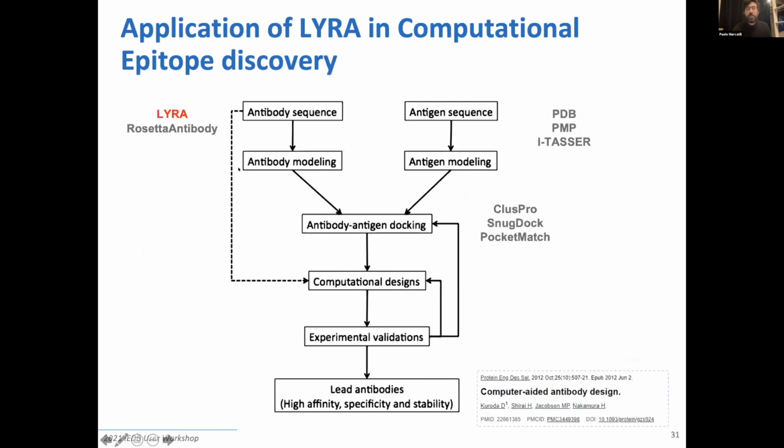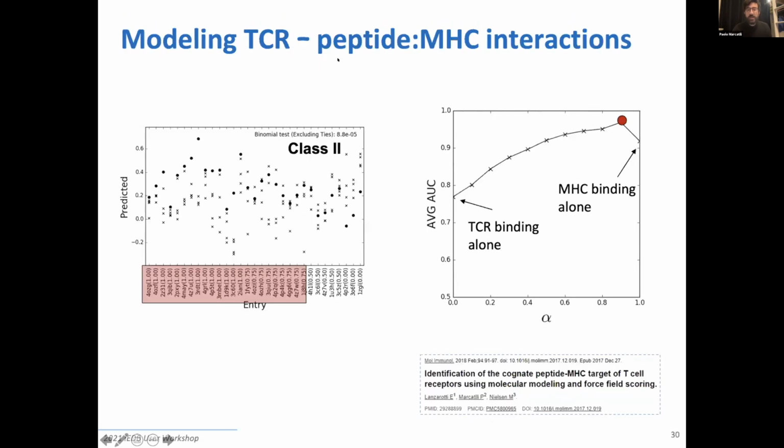But if you also include the information about the binding energy between the TCR and the pMHC, you can slightly improve the prediction. So here on the left, we are only using information about the TCR binding from the models that we generated. On the right, we're only using MHC binding. If we mix the two, we can improve the performance.